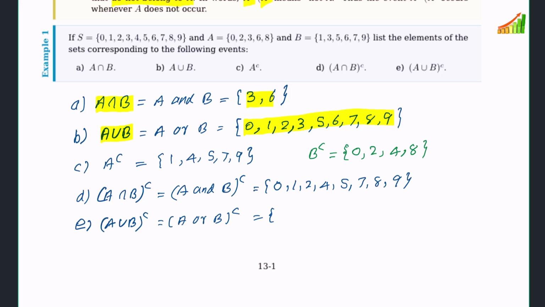The elements of B are here. So then consider S. 0 is there, and 1, 2, 3, 5, 6, 7, 8, 9. We have only one element left, right? Therefore, A or B complement is 4.